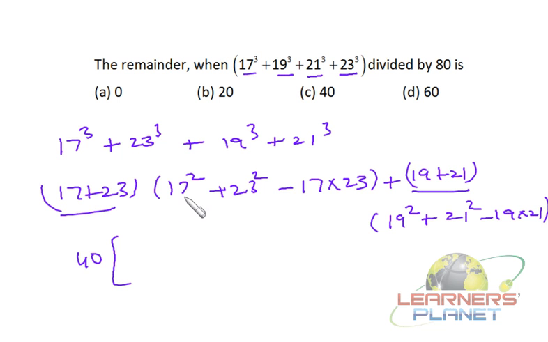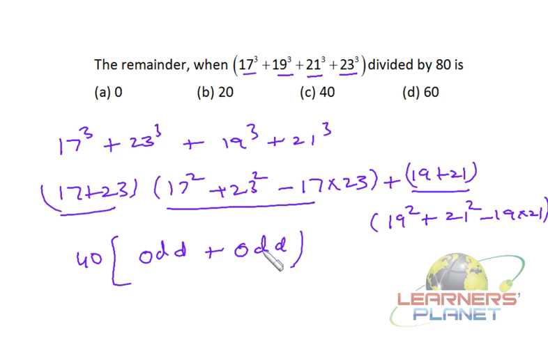Now we see this 17 square will generate an odd number, plus this will also generate an odd number. Okay, so odd plus odd is even. Now that even minus this odd will be an odd number. So from this expression we are getting an odd number. Similarly, here it will generate an odd number, it will also generate an odd number, so odd plus odd is even, and minus this 19 into 21, it will generate an odd number, so even minus odd will be an odd number.